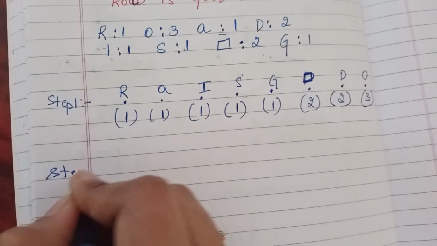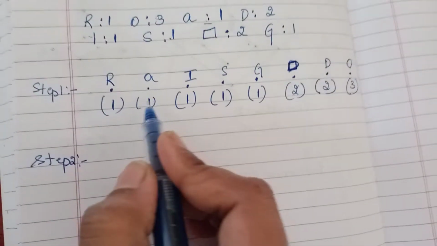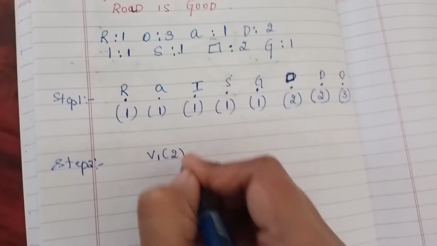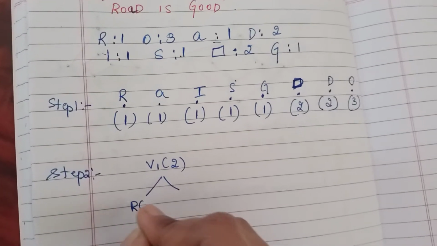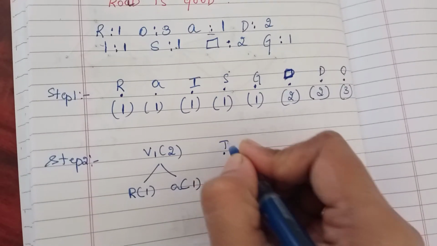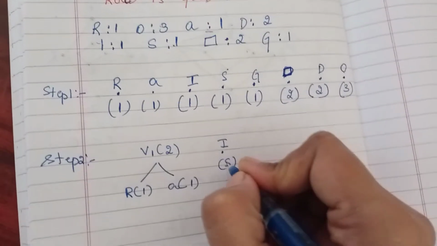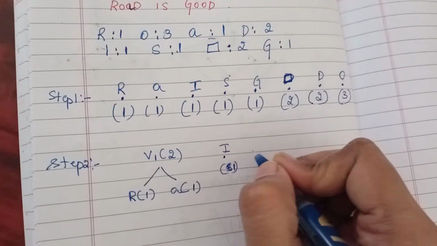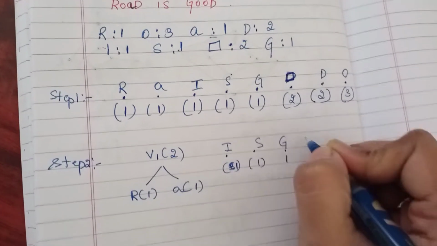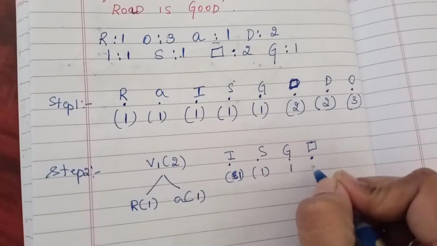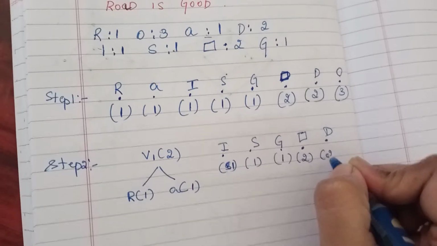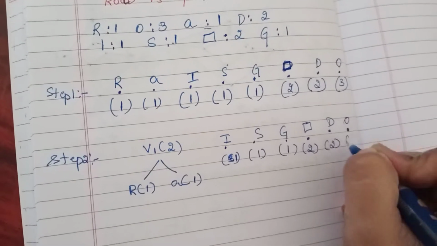Next is step 2. Combine the first two minimum frequencies. That is, you will get V1 of 2, that is R of 1, A of 1. So I of 1, S of 1, G of 1, blank space of 2, D of 2, O of 3.